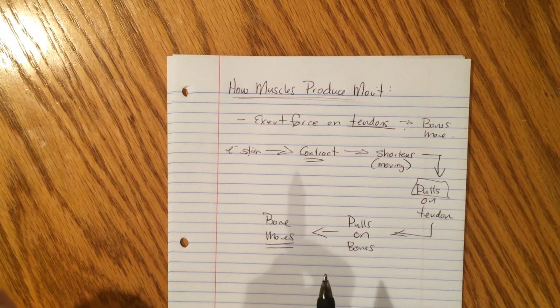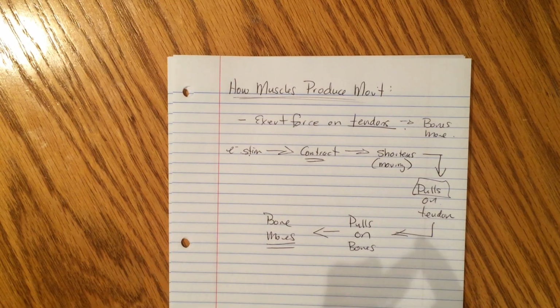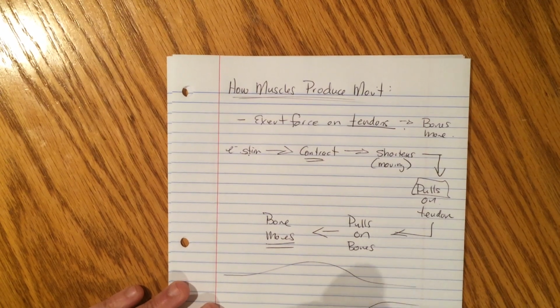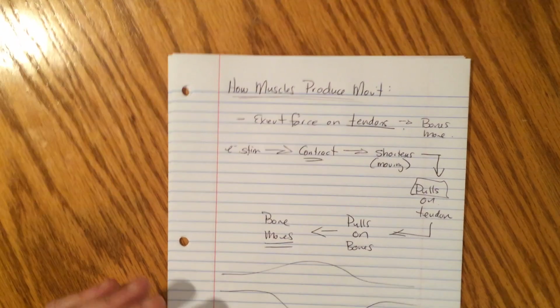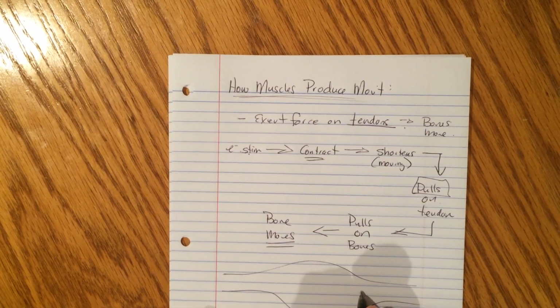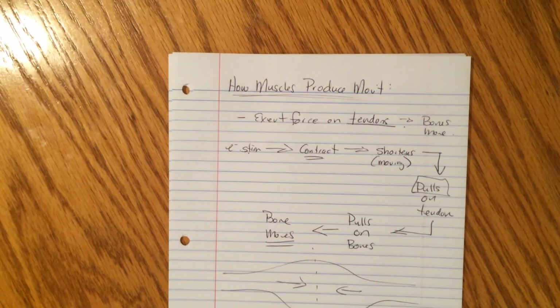Now there's one thing missing here though. When you look at a bone moving, don't forget, and I'll do a little drawing here, that muscle has two ends. Okay? It has two ends. So if the muscle is shortening, it will shorten towards its center line. Does everybody see that?